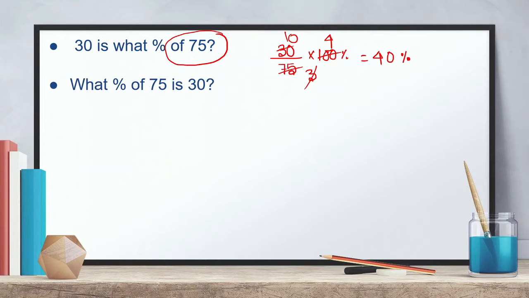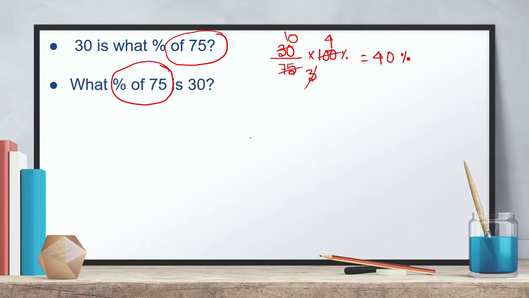Now, it can be asked in this way also. What percentage of 75 is 30? It can be asked like this way. Whatever the question is, we will look at whatever is after "of". This is important.